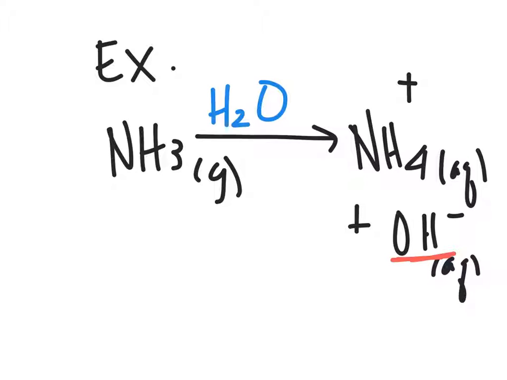So this is getting a little bit into definition number 2. If I were to draw my water molecule like this, you could see perhaps that the ammonia, when you look at this water molecule, one of these hydrogens got transferred to the ammonia molecule to take it from being NH3 to NH4, which gave it a positive charge.